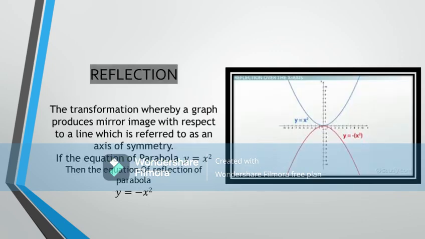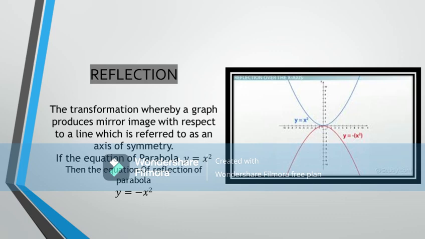Reflection, or a mirror image. The transformation whereby a graph produces a mirror image with respect to a line which is referred to as an axis of symmetry. If the equation of a parabola is y = x², then the equation of a reflection of the parabola will be y = -x².